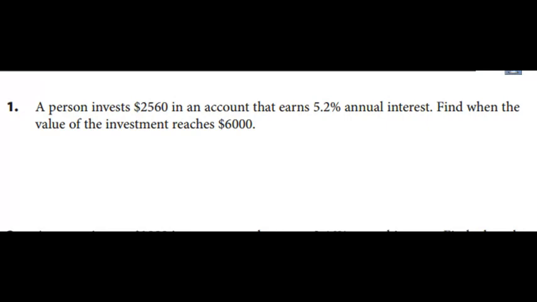Let's take a look at this first example. Let's identify the different parts that we're going to put into our formula. The person invests. This is going to be our initial investment, P, in an account that earns 5.2%. This is our rate, and we need to express this as a decimal.